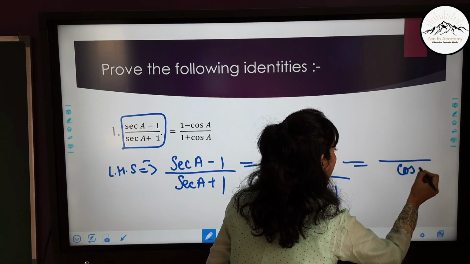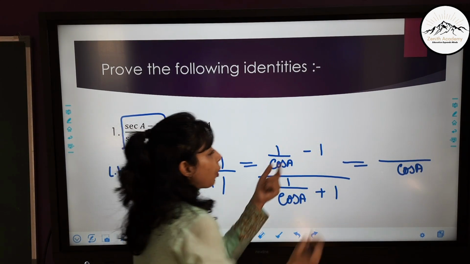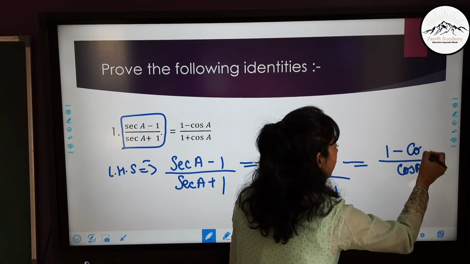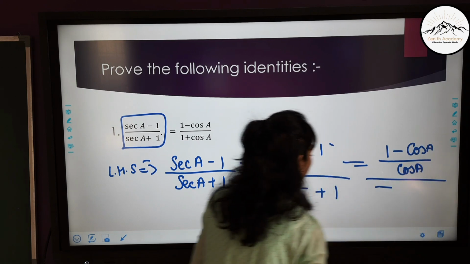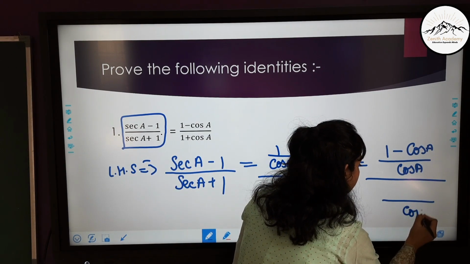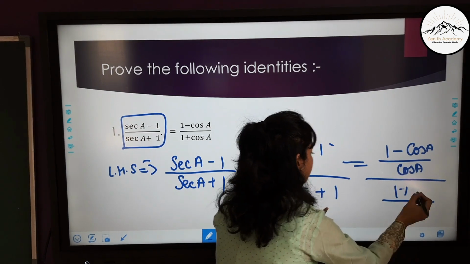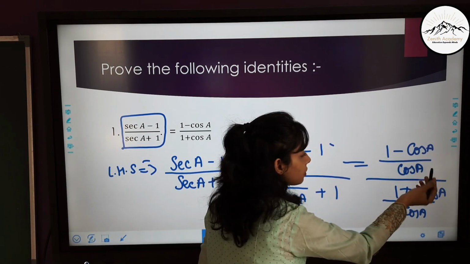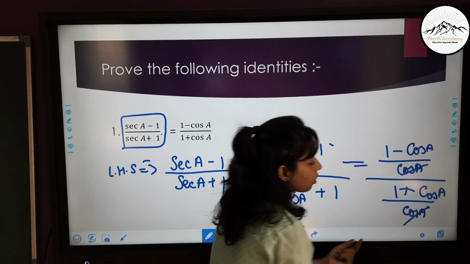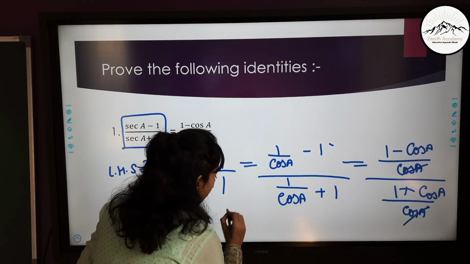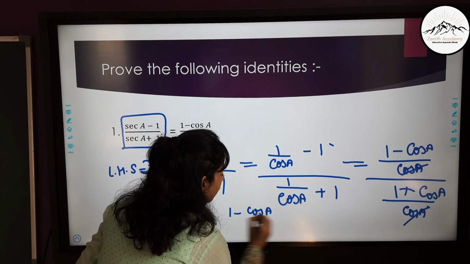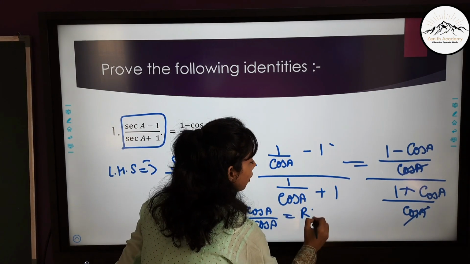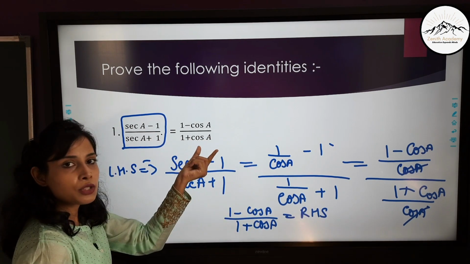So it is 1 upon cos A minus 1 into cos A over cos A, so this will be 1 minus cos A, whole upon, take LCM cos A, 1 plus cos A. Now it's easy. Cos A and cos A will get cancelled. So what we'll get is 1 minus cos A upon 1 plus cos A, which is equal to our RHS. Hence proved.